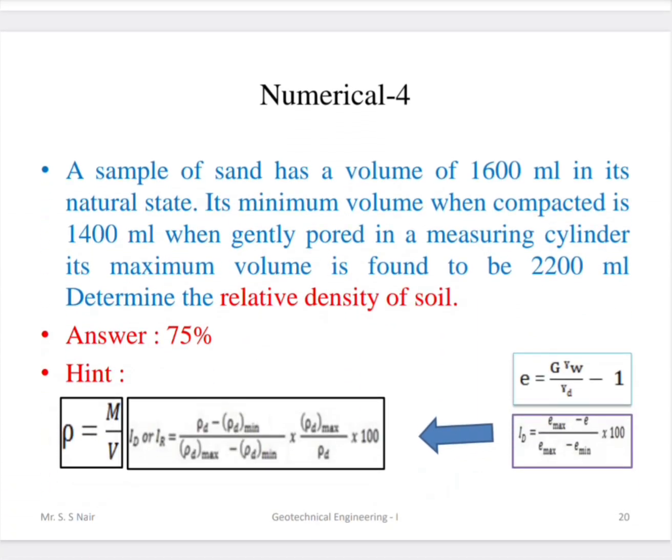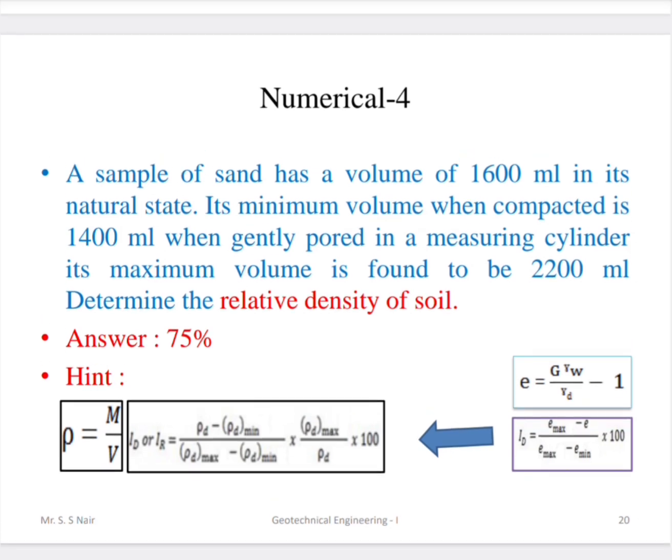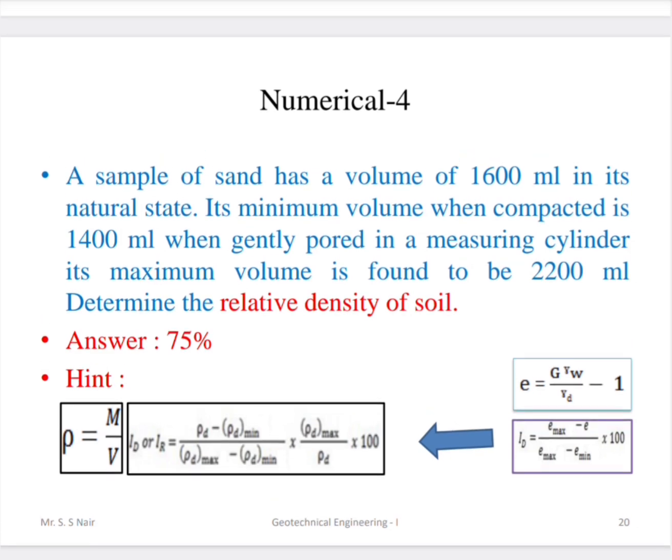This is a small numerical showing the relative density of soil. Here you can see the volume of sand is 1600 ml in natural state. Minimum volume is given as 1400 ml and maximum volume is 2200 ml.